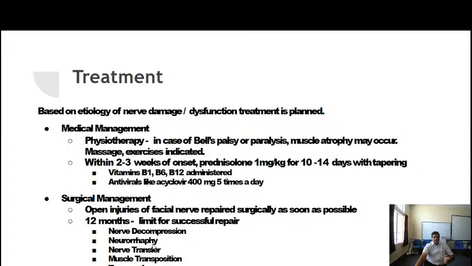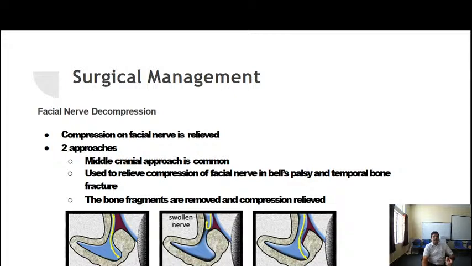Neurorrhaphy is when there is a clear-cut section of the nerve, the two ends are sutured, that is neurorrhaphy. And nerve transfers are done when there is a deficiency. So this is what is done: facial nerve decompression, where there is a narrow space and that is widened.